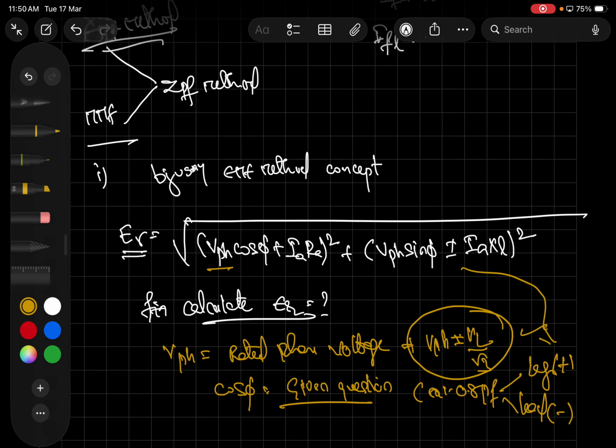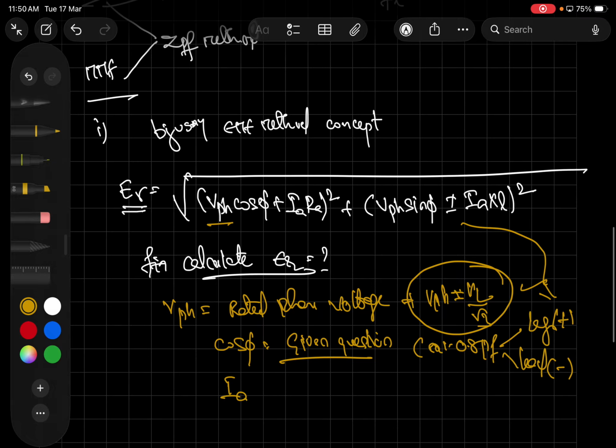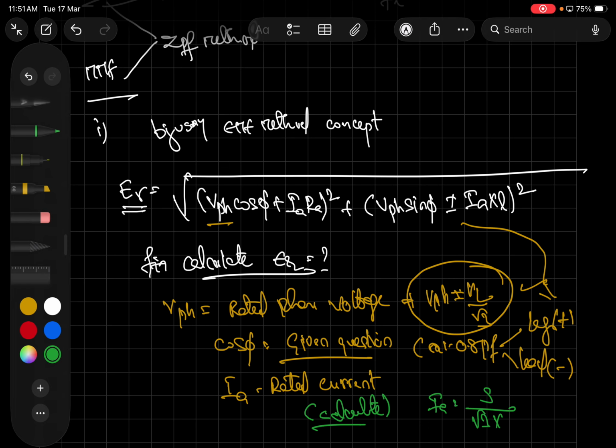Next, IA is nothing but the rated current. How can we get the rated current here? We have to calculate it. What is the formula here? IA equal to S by root 3 VL.